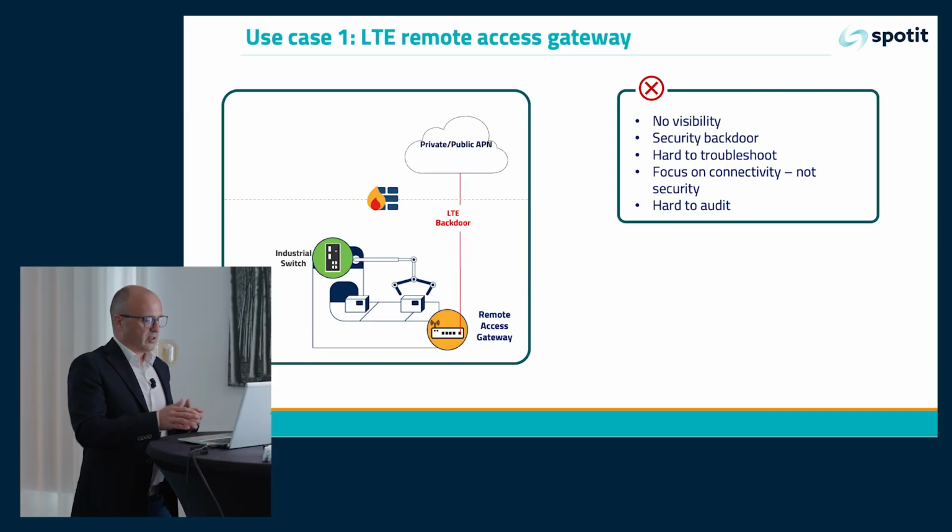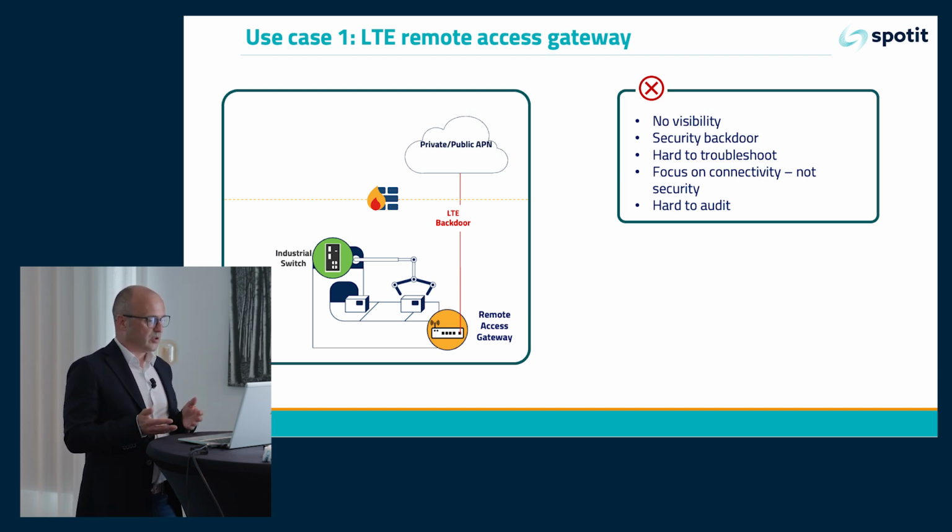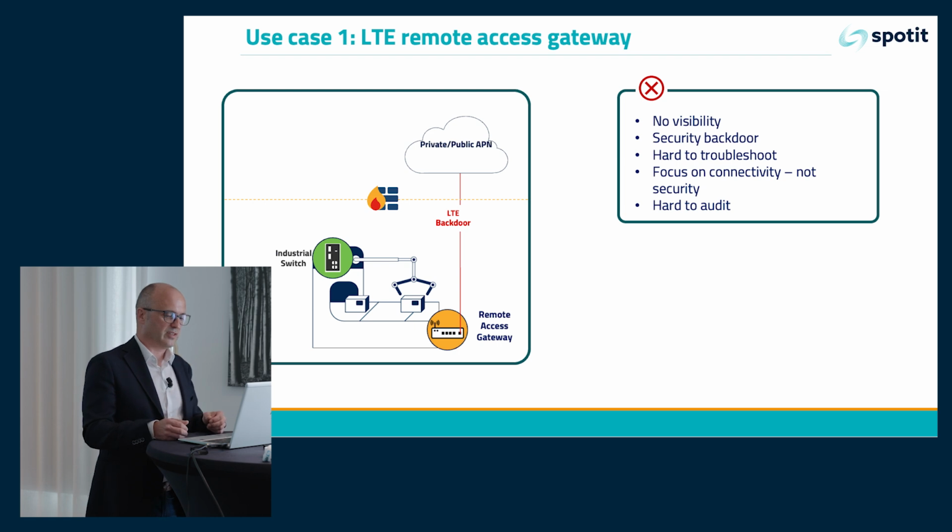The problem with this kind of solution is that you have a direct connection up to your cell area with no visibility, and the remote access gateway is really acting as a security backdoor, where the focus is not on the security aspect, but only on the connectivity aspect.